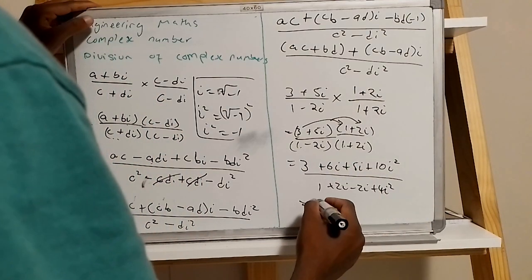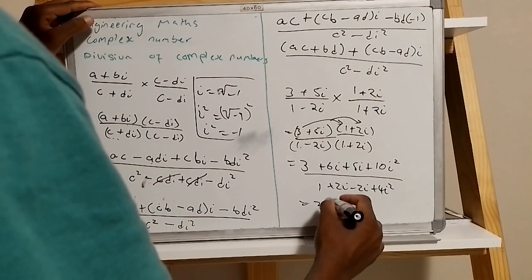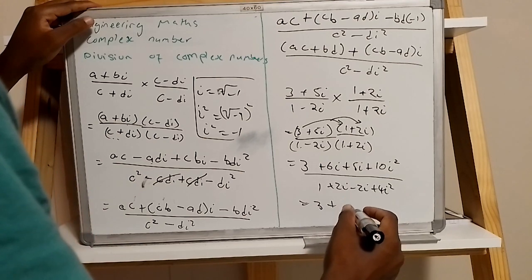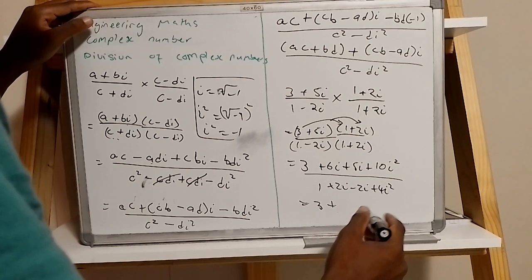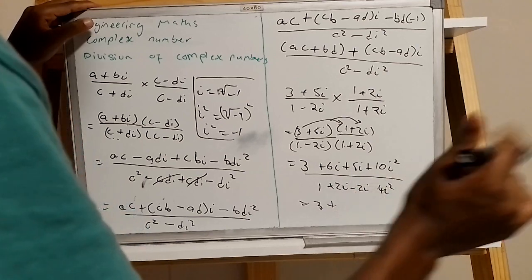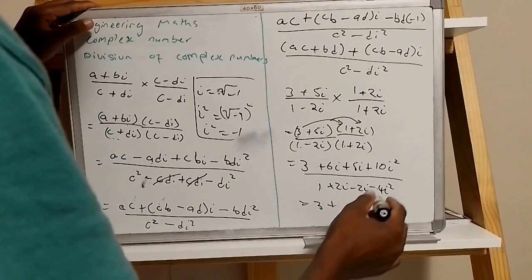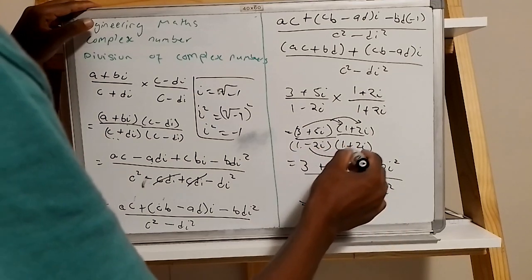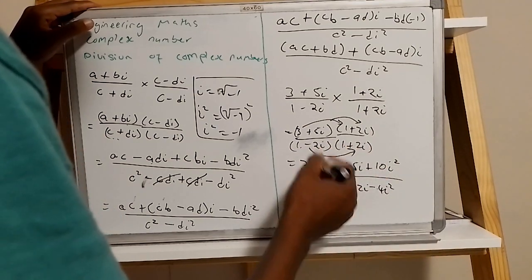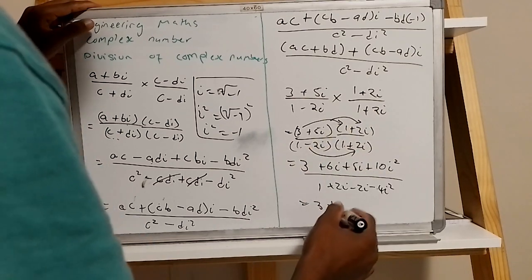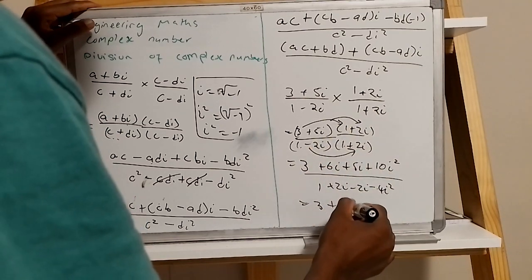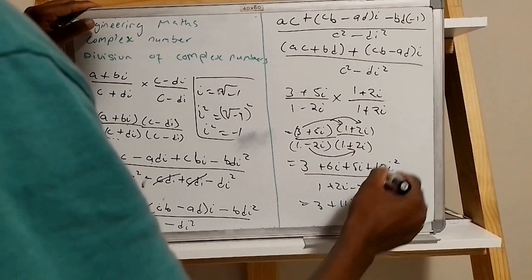This will give me 3 plus, okay, this is supposed to be minus. I made a mistake. This is supposed to be negative. It's 11i, this is supposed to be plus.